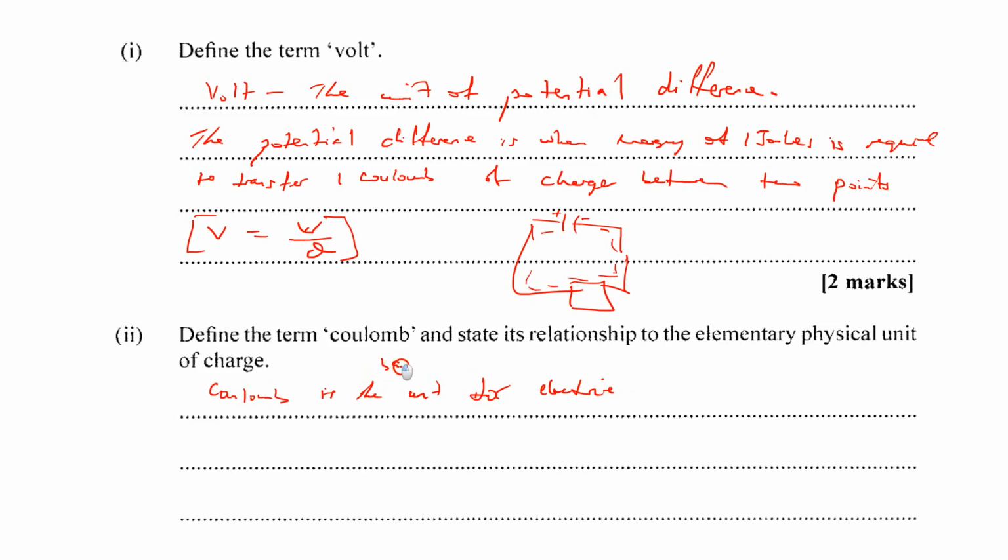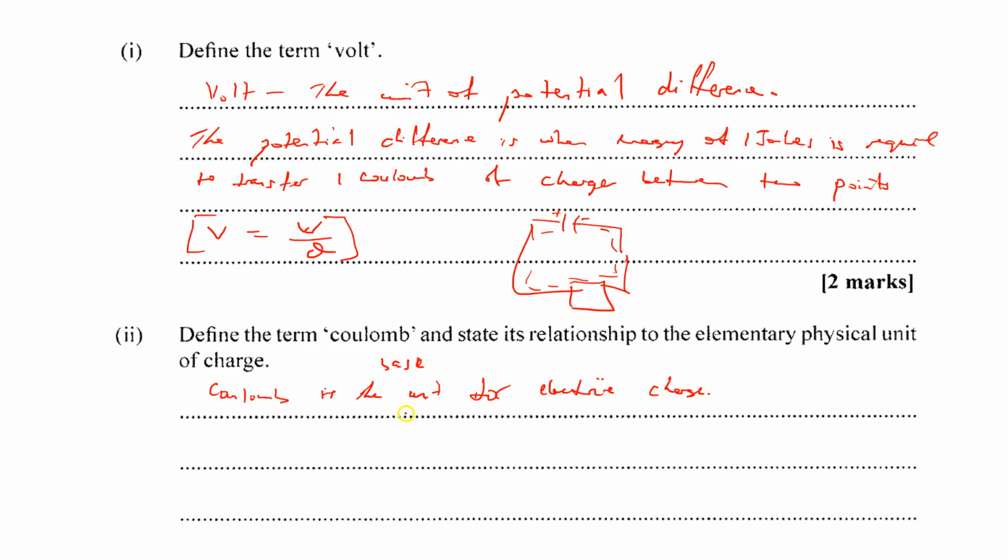And with a base unit or SI unit, we have to understand that coulomb is an SI unit for charge, well, it's a derived unit, so to speak. Let me rephrase that. It's a derived SI unit. So coulomb is the basic unit or the base unit for electric charge.